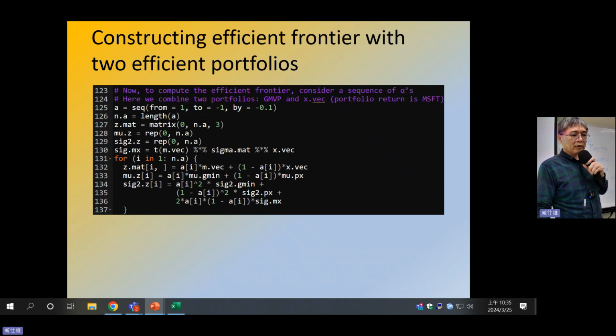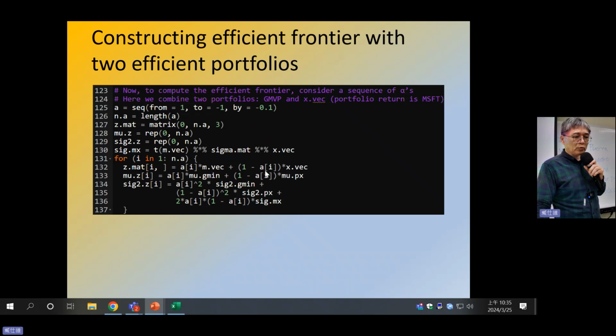You can see the Z matrix is matrix 0, with n.A rows and 3 columns, so we can save our result in this matrix.